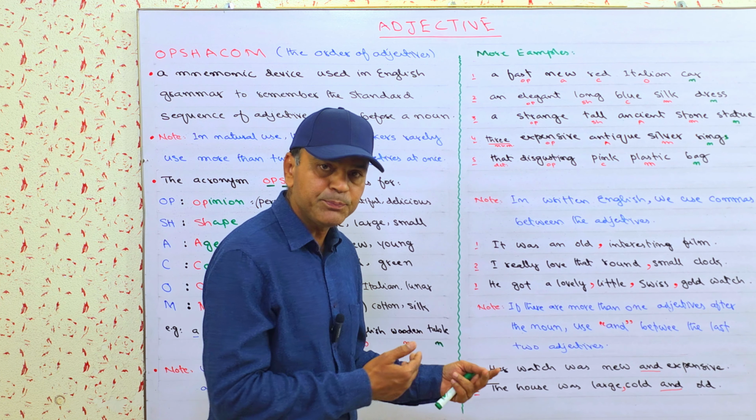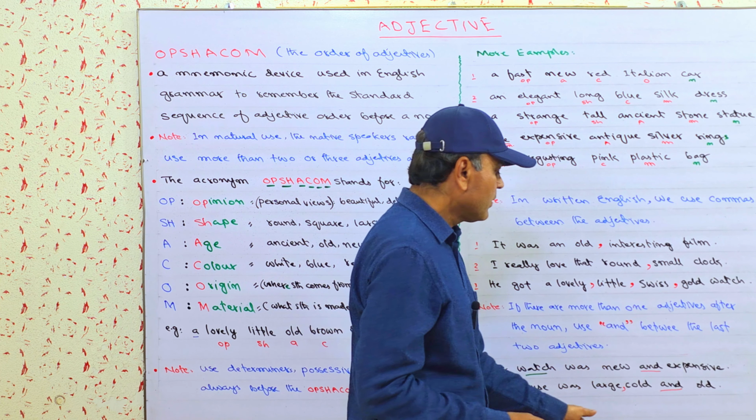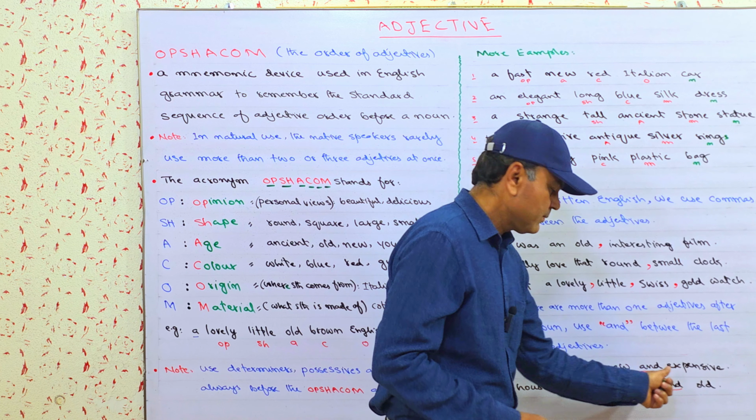So this is actually the note. If there are more than one adjectives after a noun, use and between the last two adjectives. Let's have a look at the example that contains and. Her watch, here the noun has been used in the beginning, not after the adjectives. Her watch was new and expensive.